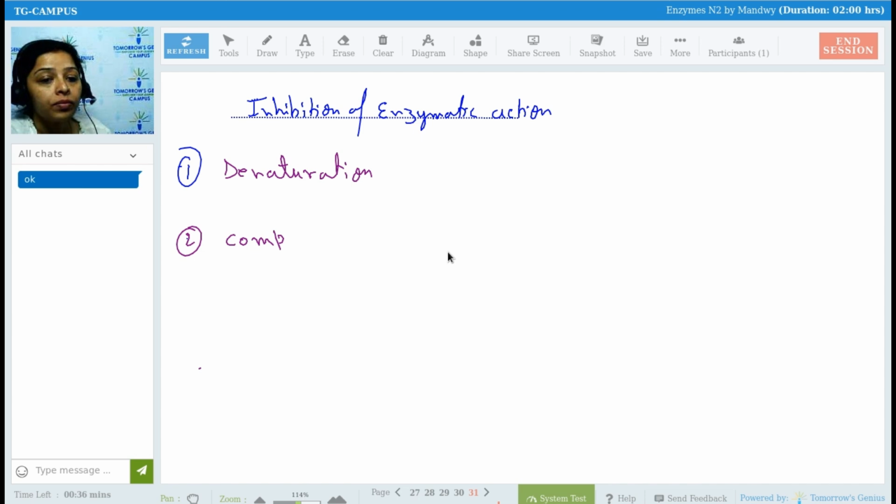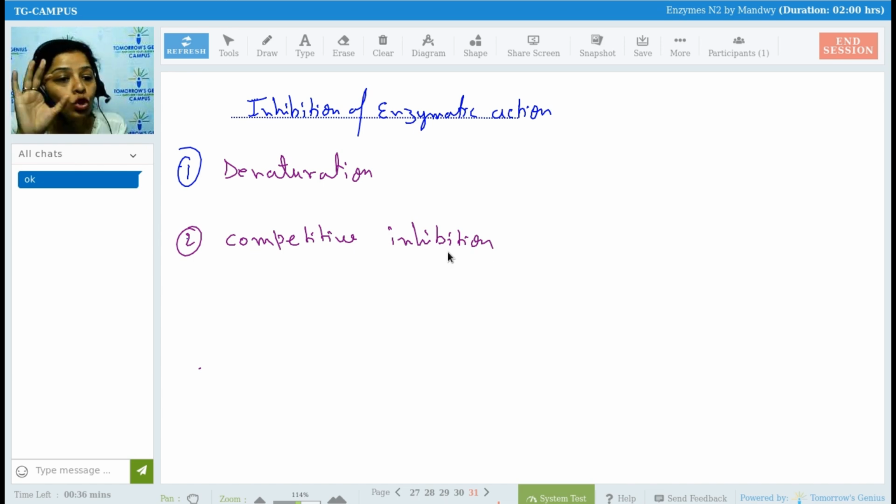Competitive inhibition. What is the meaning of inhibition? To stop, right? Competitive means something is competing with the substrate.